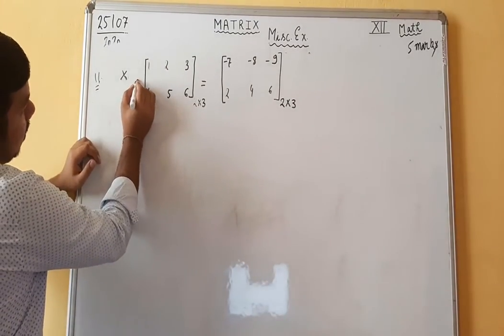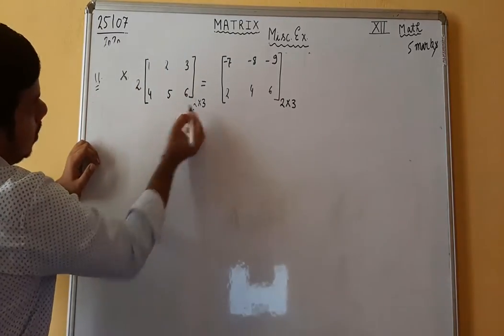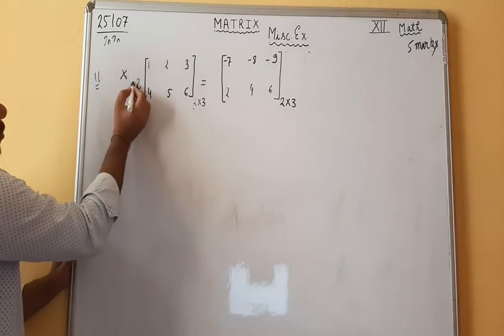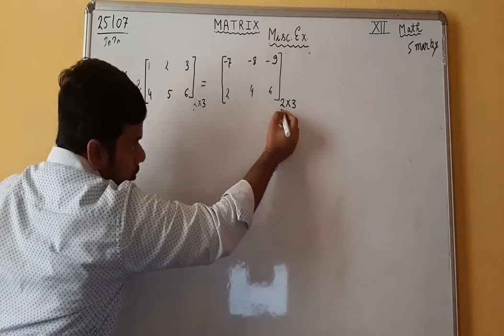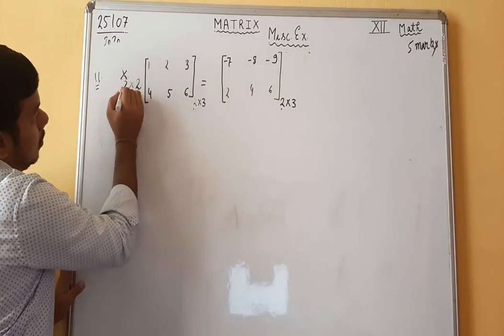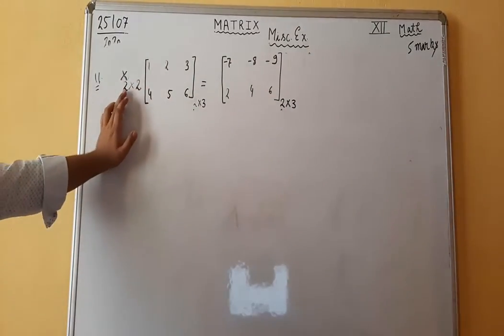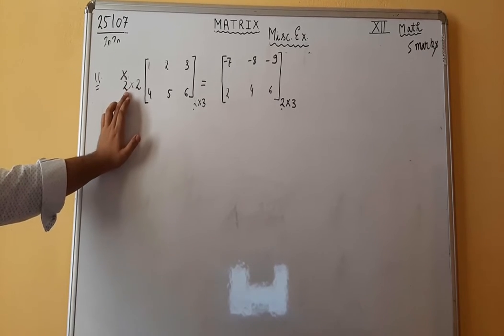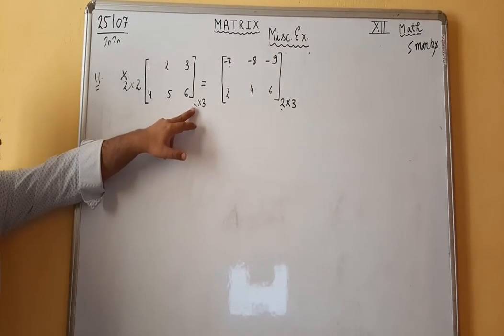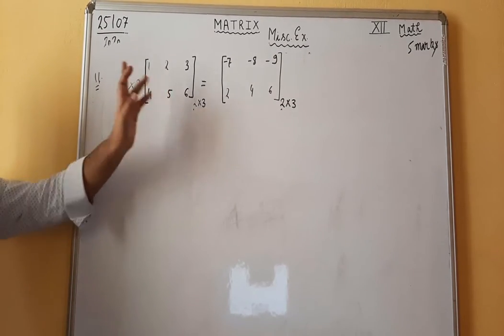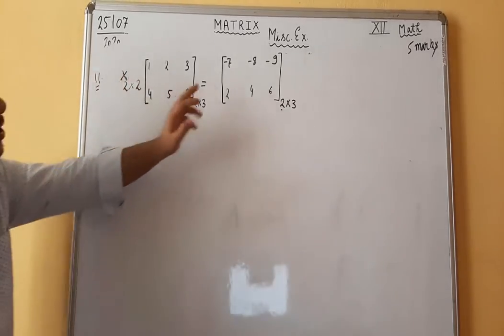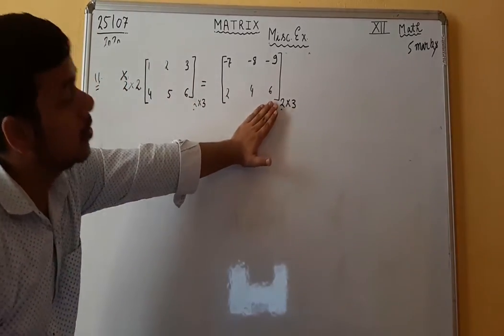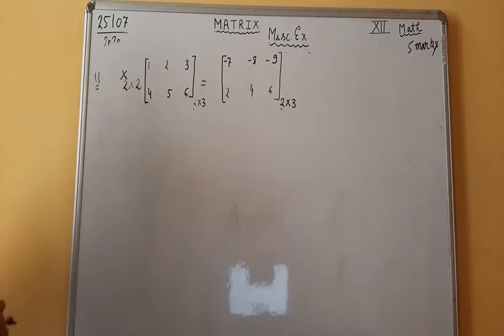So, the number of columns in X will be 2, right? And the number of rows in X is equal to the number of rows in the product matrix. So the order of X is 2 cross 2. Means X is a 2 by 2 matrix.